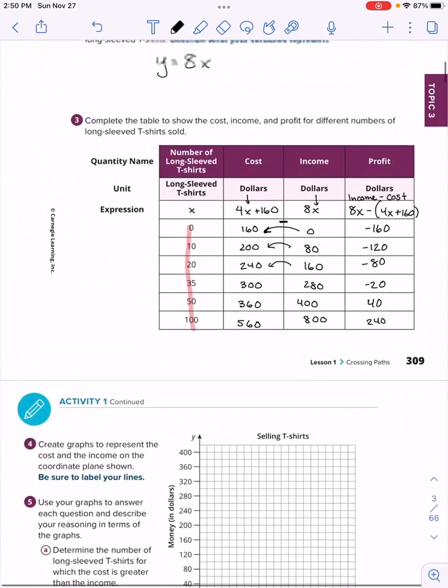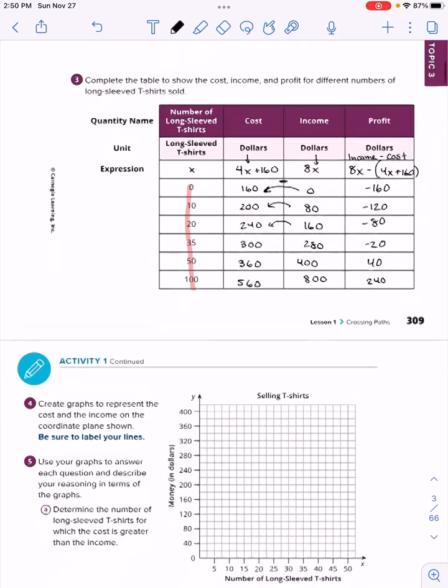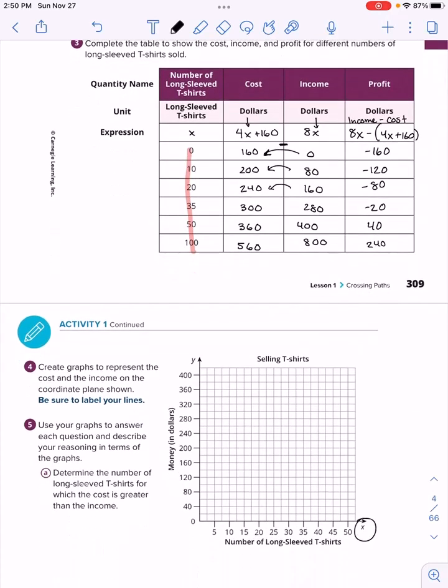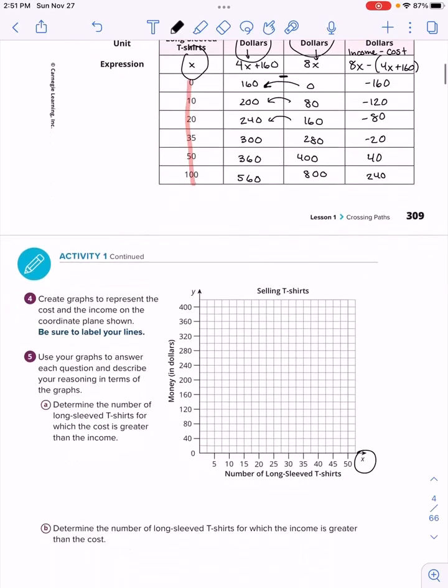Okay, we're going to take that information, we're going to graph it. So when we graph this, X is number of t-shirts, and then Y is money in dollars. So we're probably going to be looking at one of these two options here for cost and income. So number 4.